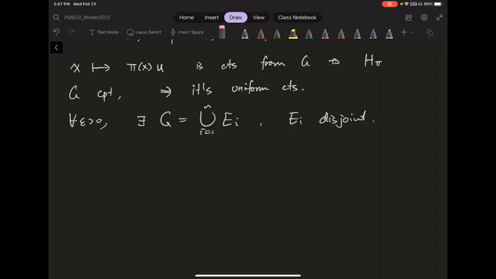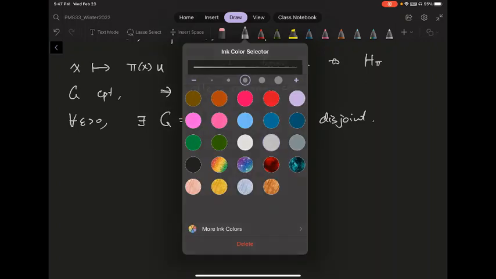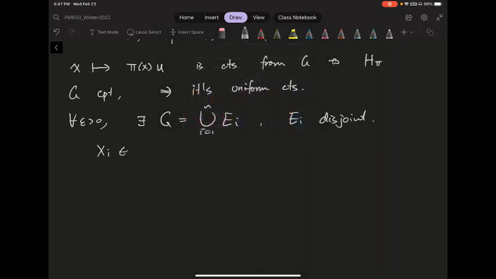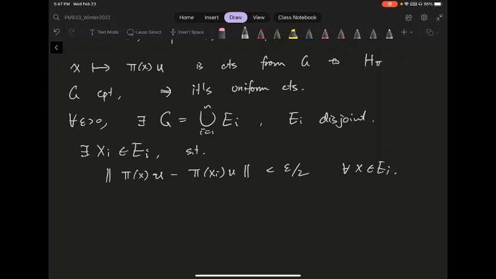So there exists an x_i inside each of these E_i, so that whenever you evaluate pi x u minus pi x_i of u, that's going to be less than epsilon over 2 for all x inside this E_i. So on each partition E_i, the value is approximated by pi x_i of u. And you can only do this when your G is compact, of course.